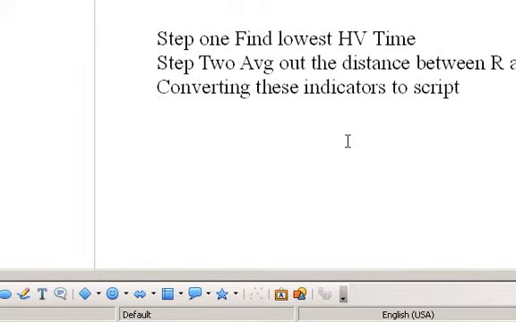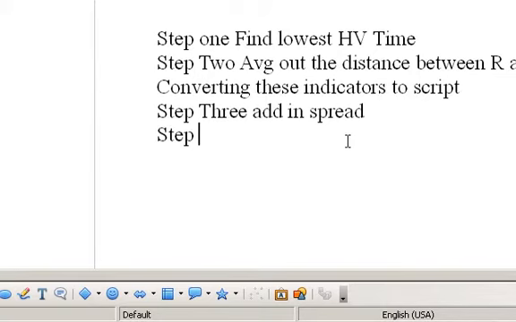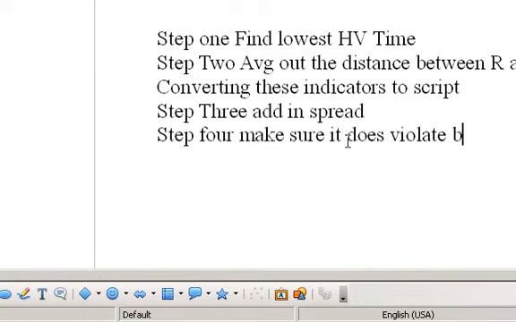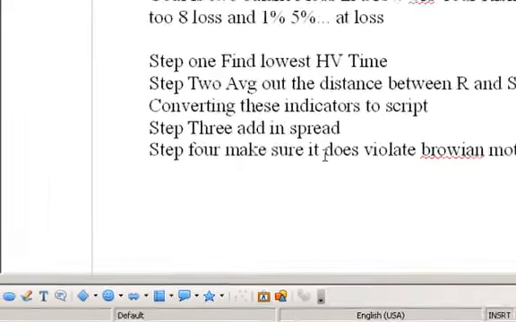All right. Once you find that, step 3, add in the spread. Step 4, make sure it does not violate Brownian motion. Now, this could be too small.